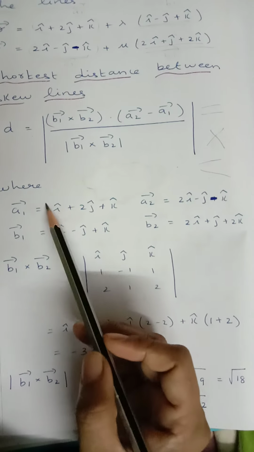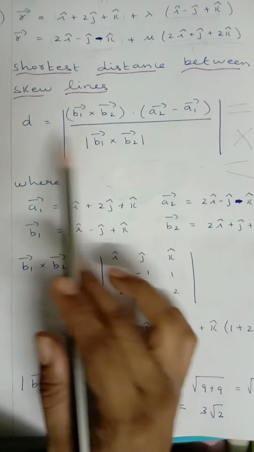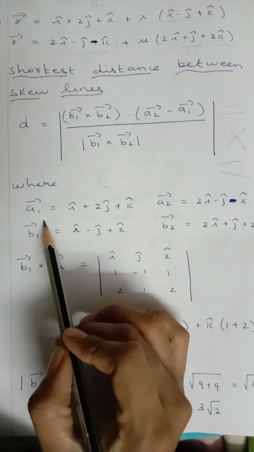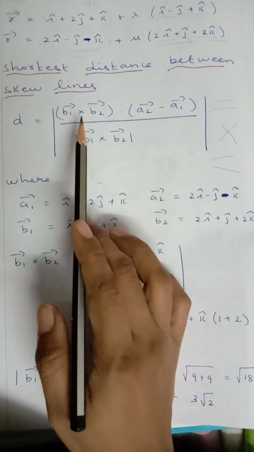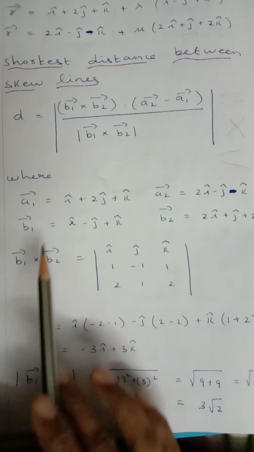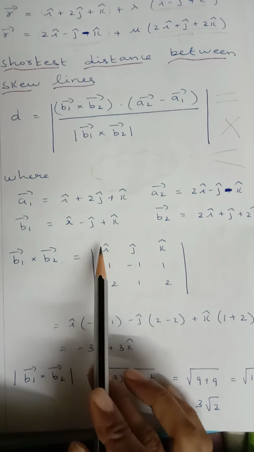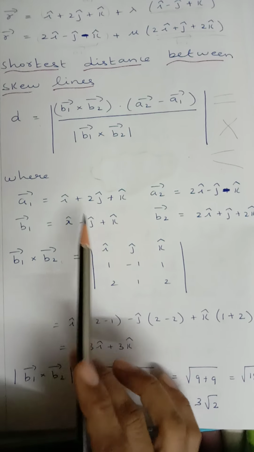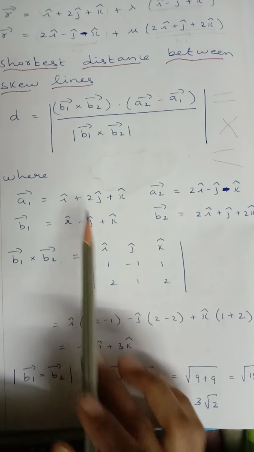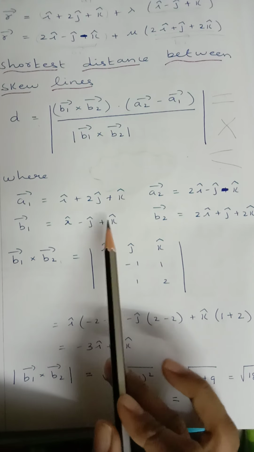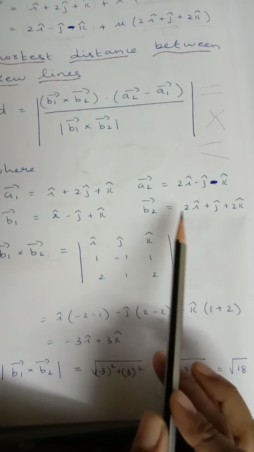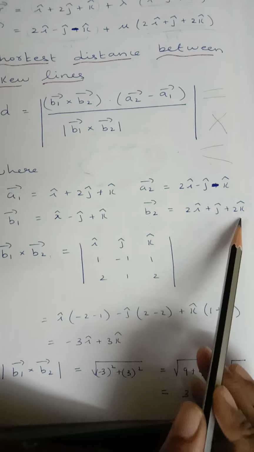First you write the formula, then you write a1, a2, b1, b2. First I am going to find the cross product, b1 cross b2. So i j k, we write the b1 value here, 1, minus 1 and 1, and b2 is 2, 1 and 2.